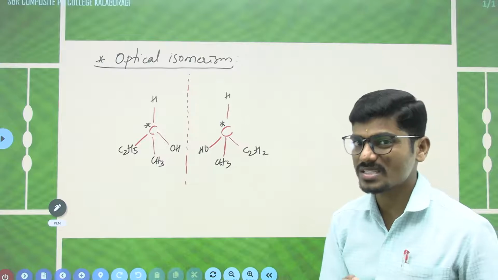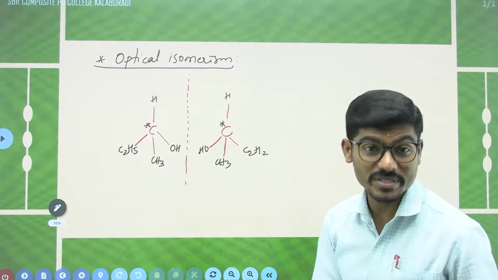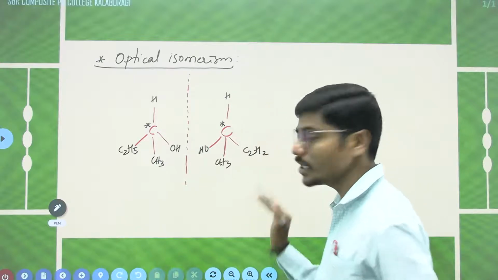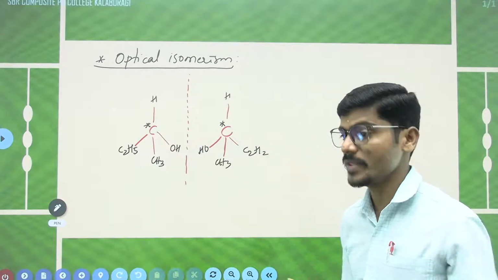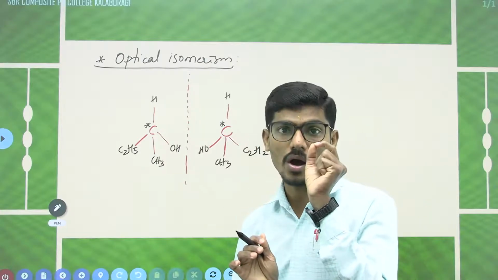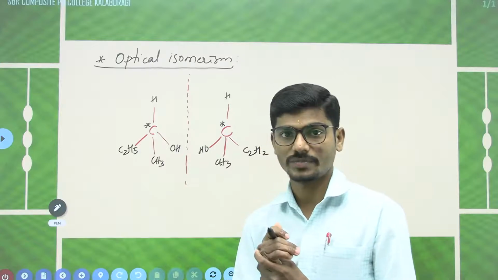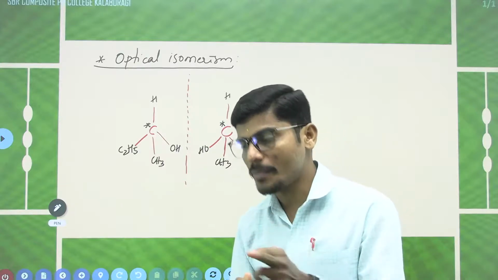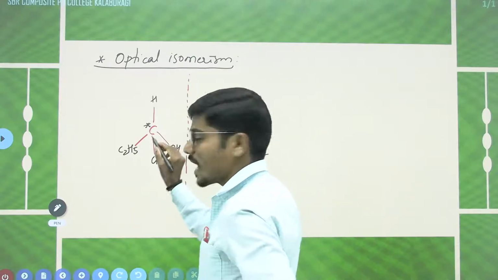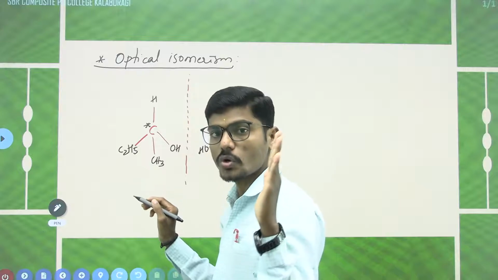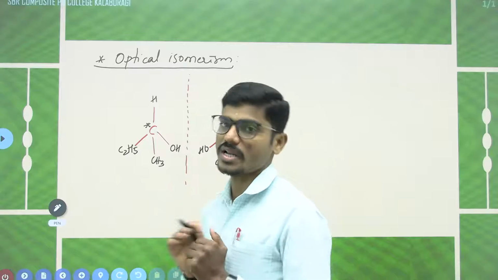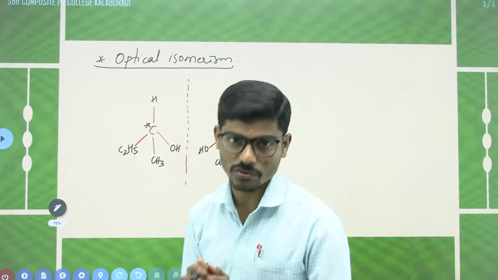Asymmetric or chiral carbon is a carbon containing four different groups, and this is the necessary condition for optical activity. So an optically active compound must contain a chiral carbon atom. This carbon atom has the tendency to rotate plane polarized light either towards right or towards left. Therefore, it is said to be an optically active compound.